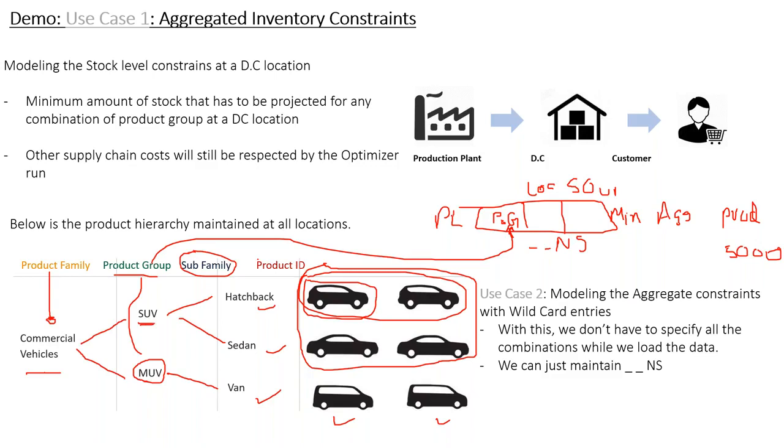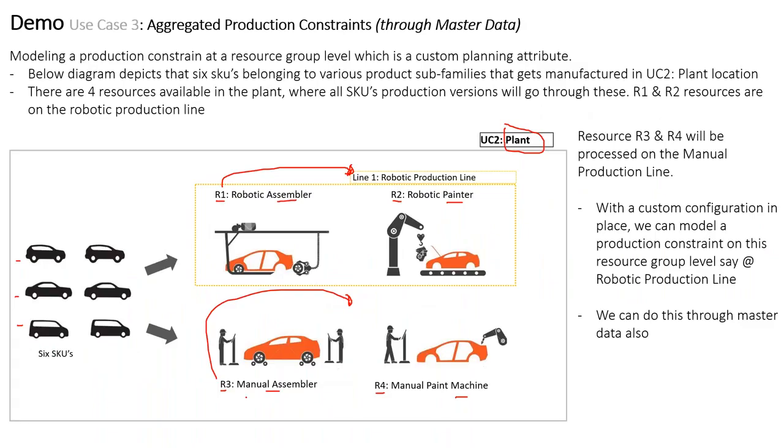Just like that, in the planning level we can bring up another attribute called RG, that is resource group, consisting of the assembler and the paint machine. Here I'll say for my robotic assembler the minimum has to be 5,000. So what does the system do? For all the BOMs that go through these 2 resources, the system will give a production plan of 5,000. And on the manual assembler, if there is no demand, the system will not do anything.